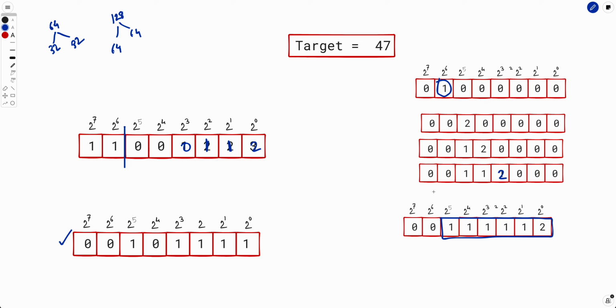Why does this happen? This happens because of a very interesting property: 2 power x is always greater than the summation of 2 power i, where i ranges between 0 and x minus 1. So even if you sum them all up, with 1 1 1 1 1, the value would be less than 2 power 6, and in fact exactly 1 less.